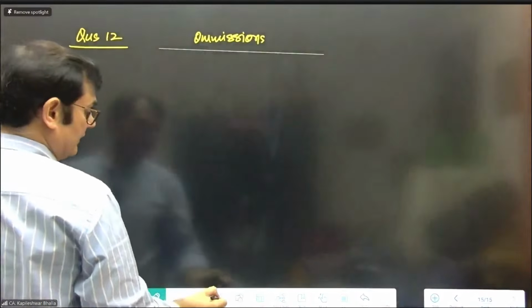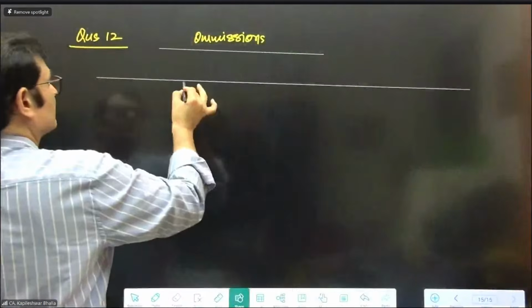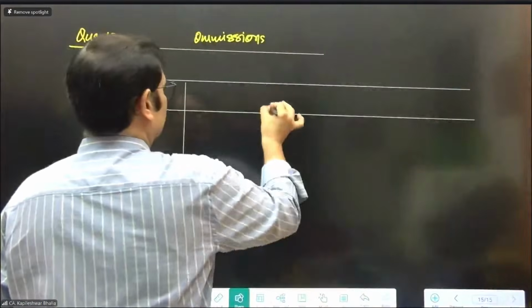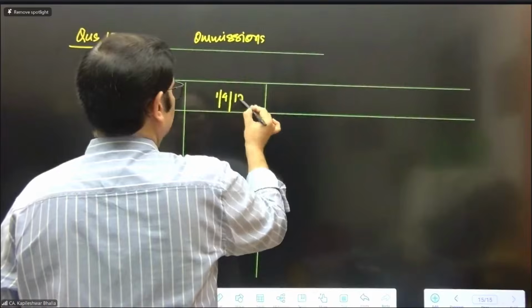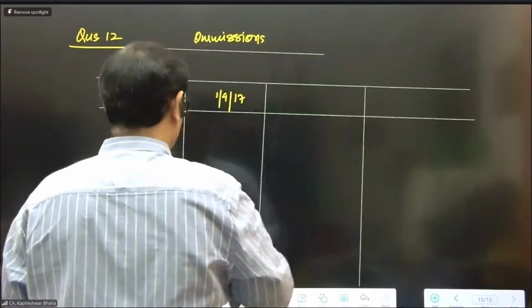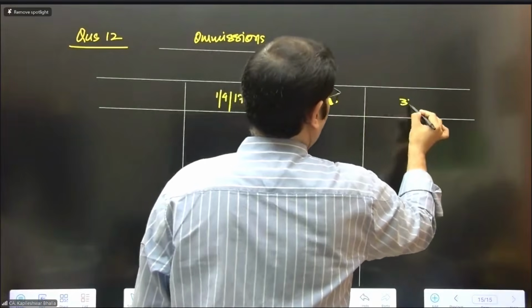So what I'll do is make an interesting chart, because this will give us a complete view. This is the date of acquisition. The date of acquisition is 1st April 17. And because of the omission, let's also see the impact on March 18 as well as March 19.